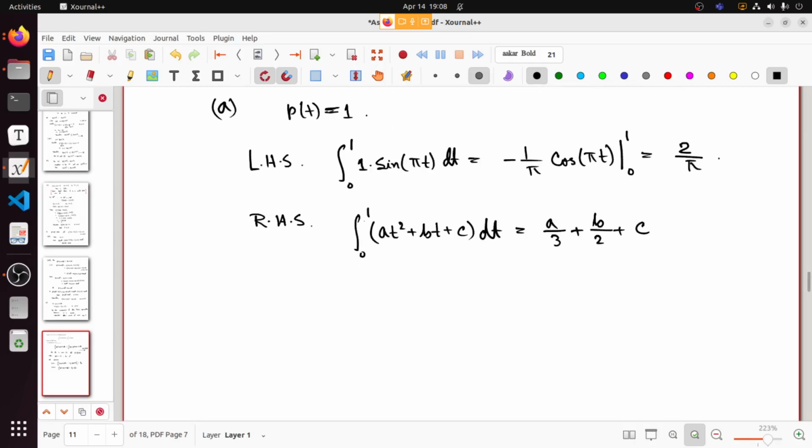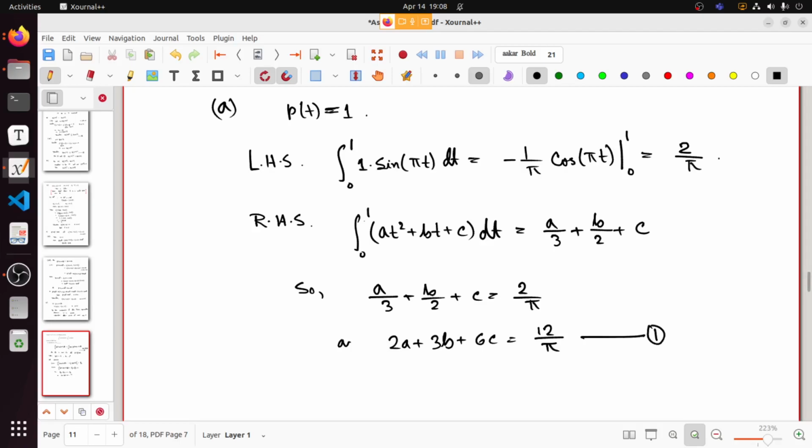So a by 3 plus b by 2 plus c equals 2 by pi, or 2a plus 3b plus 6c equals 12 by pi. So this is equation number 1. Putting p(t) equals to 1, we get one equation.